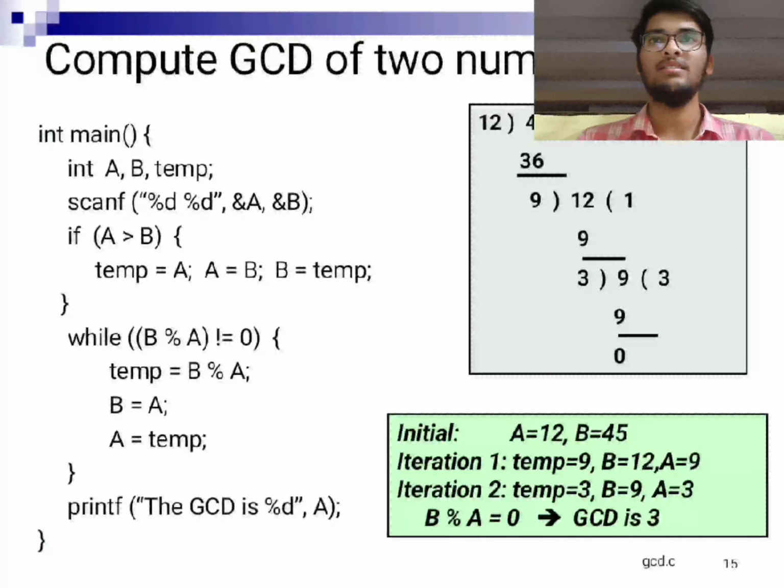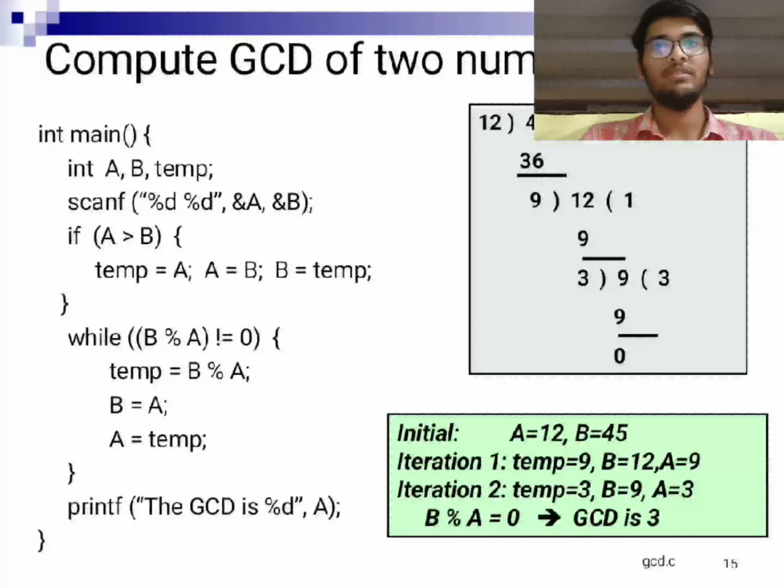We are using scanf with %d comma ampersand of a, reading two values and storing them in a comma b. If a greater than b, swap using temp: temp is equal to a, a is equal to b, b is equal to temp. Closing that block, and while b modulo a not equal to 0, temp is equal to b modulo a, b is equal to a, a is equal to temp.